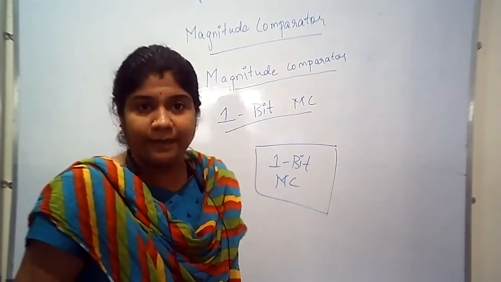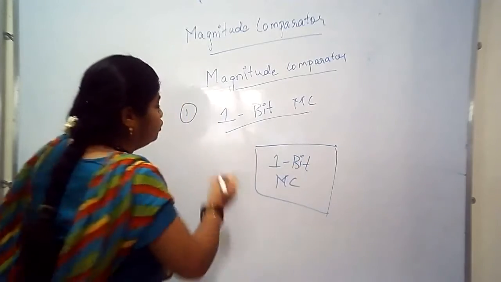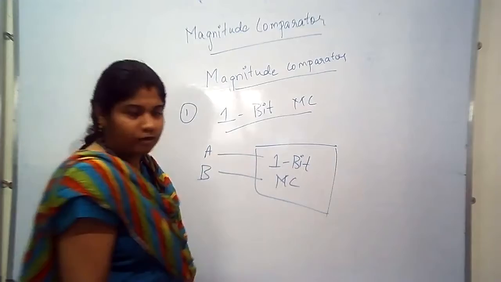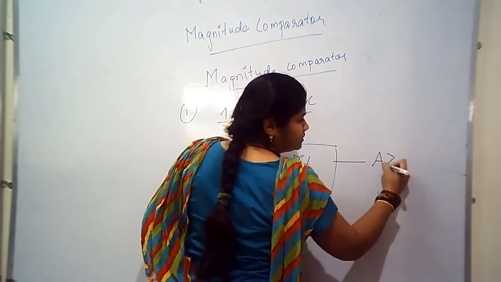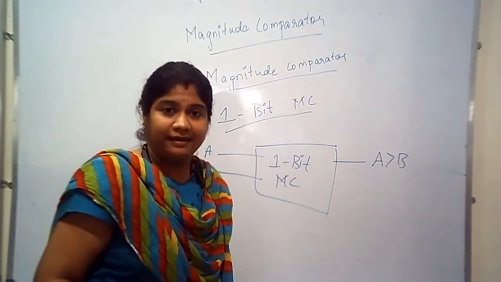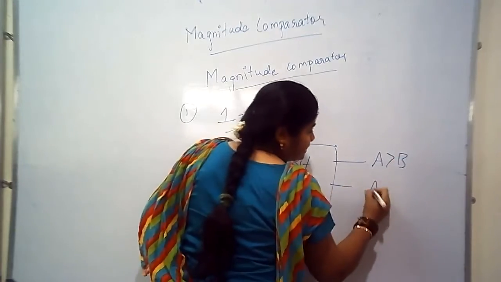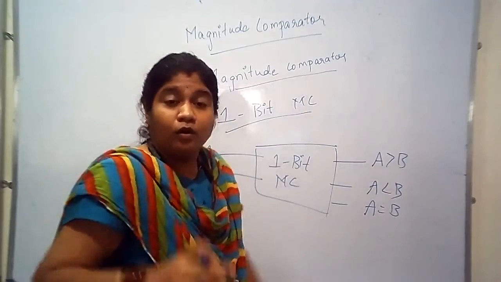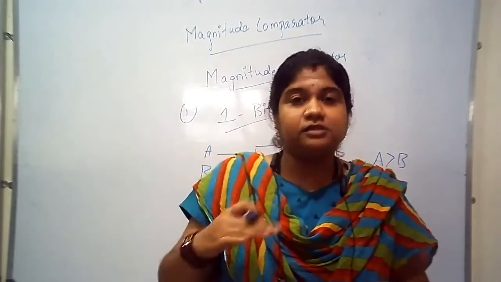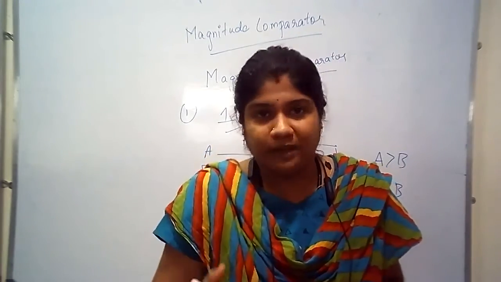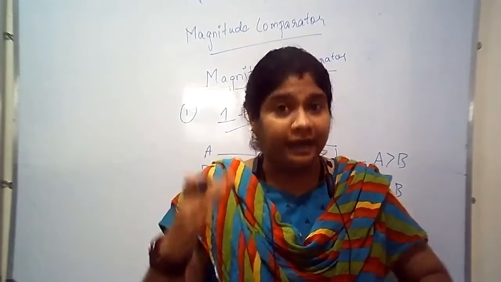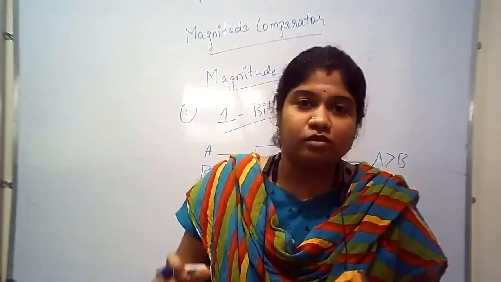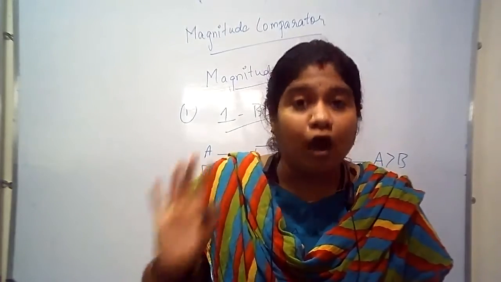So this is a 1-bit magnitude comparator. As I told you, 1 bit of A and 1 bit of B. The comparisons are again the same: whether A is greater than B, A is less than B, or A is equal to B. Whatever the magnitude comparator is, whether 1-bit, 2-bit, 4-bit or 8-bit, the constant thing in all types is the output.